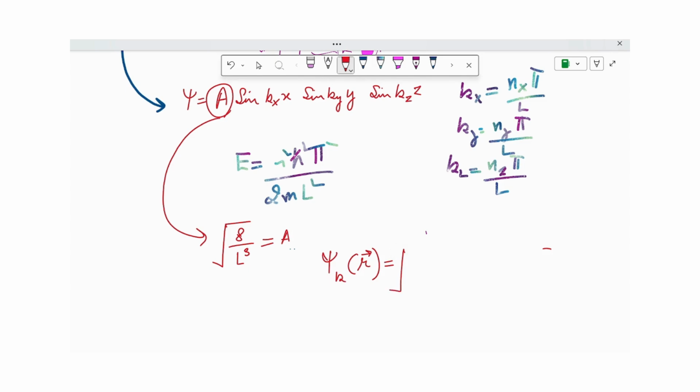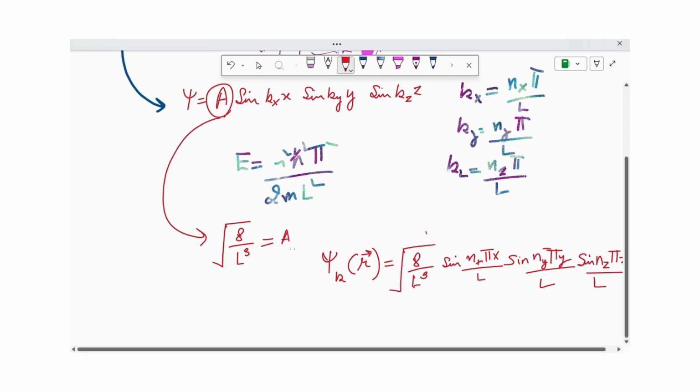The final expression for the wave function would be root of 8 by L cube sine nx pi x by L sine ny pi y by L and sine nz pi z by L. So this is the complete form of our wave function.